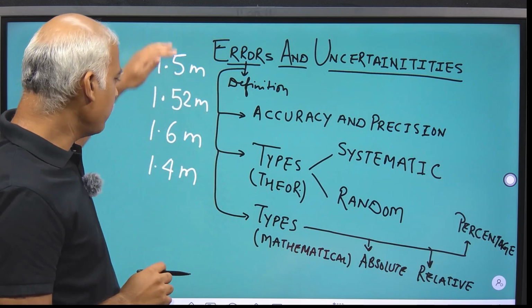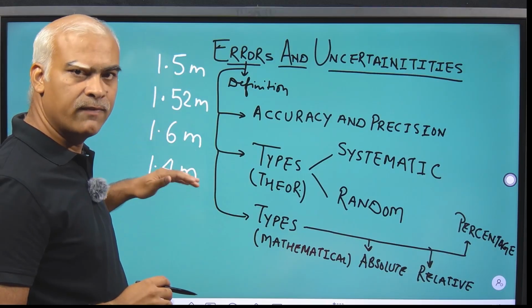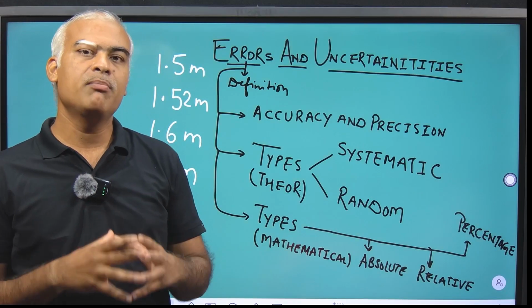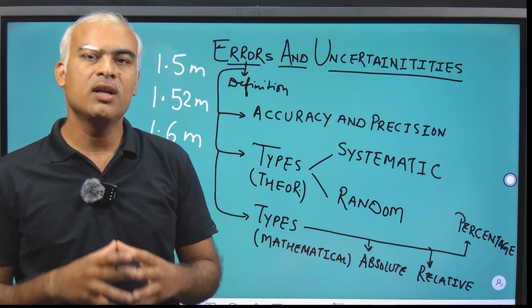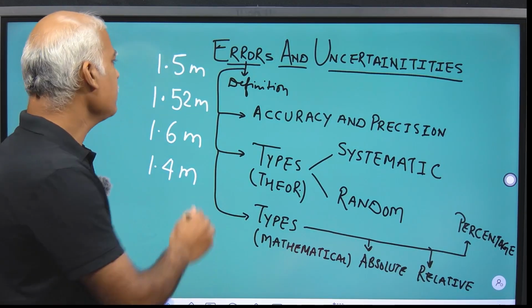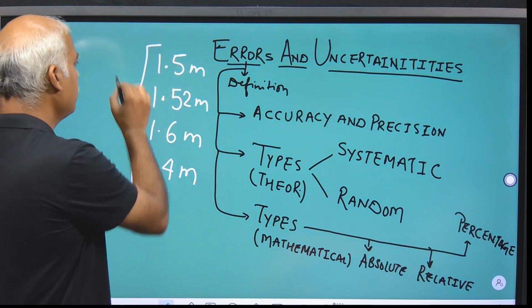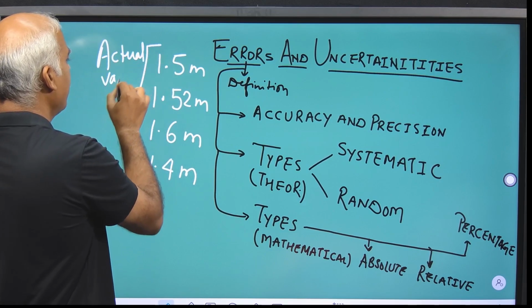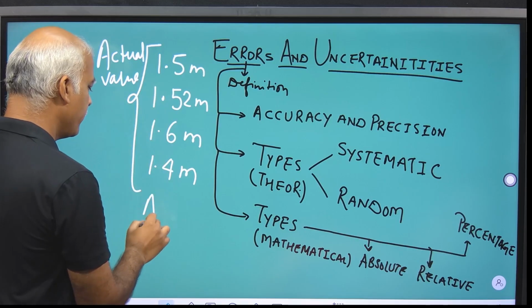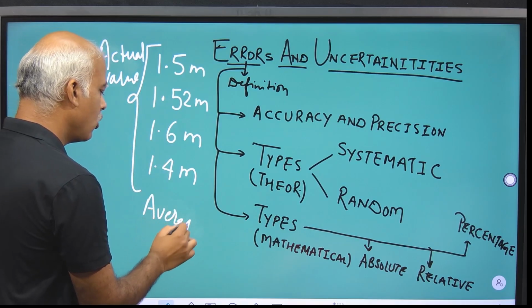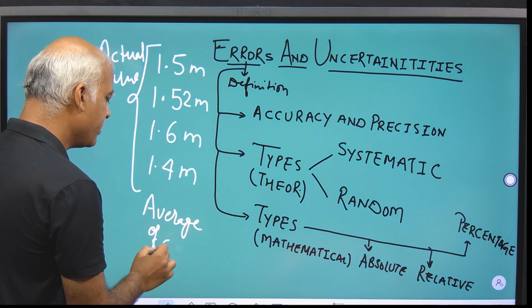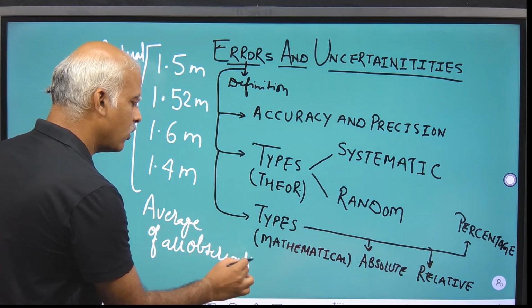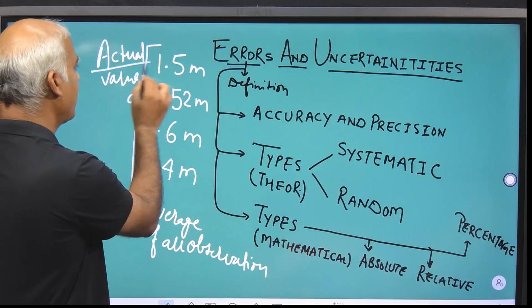So if there are 4 students and the measurements are different for each student, then the actual value of that particular physical quantity is obtained by taking the average of all observations. So the average of all observations is basically your actual value.